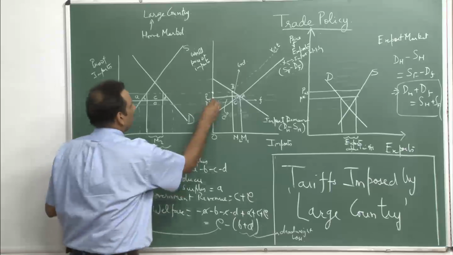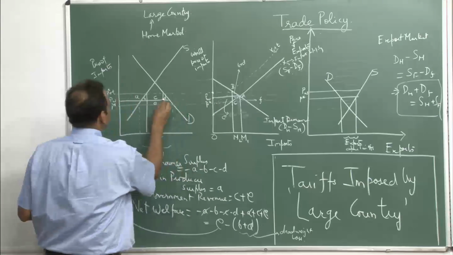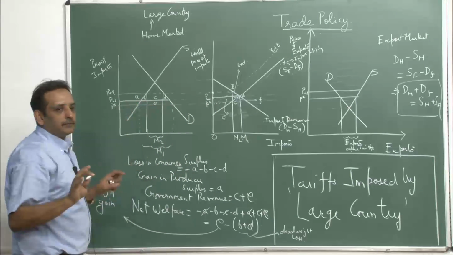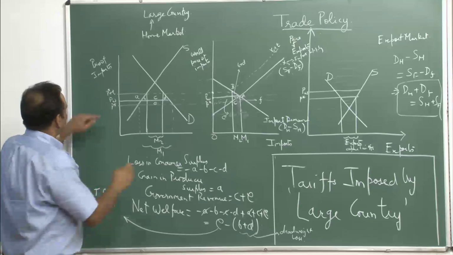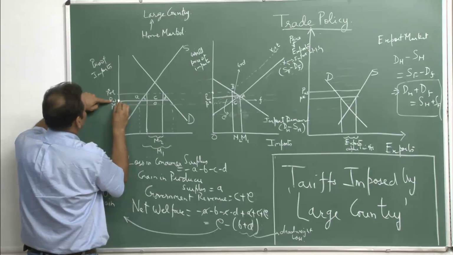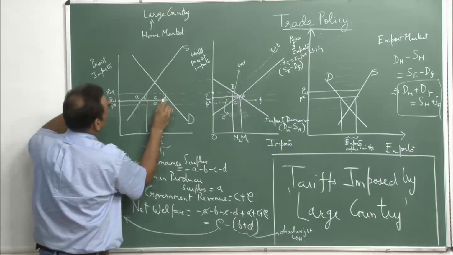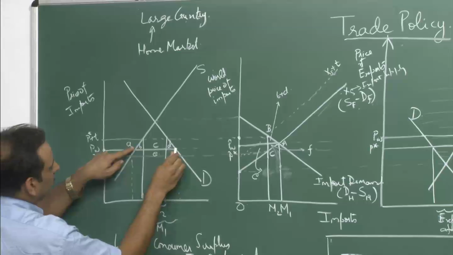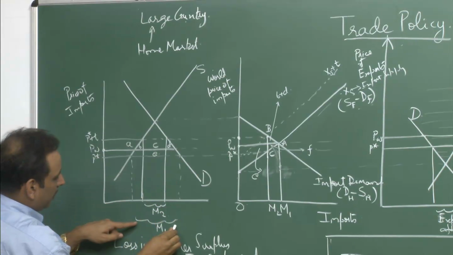So, these are the world prices which prevail before tariffs are imposed. So, PW is the world prices which are prevailing, and so the imports are M1.